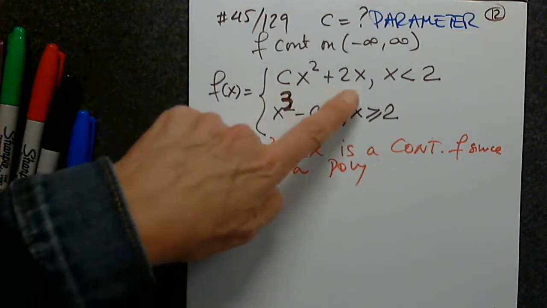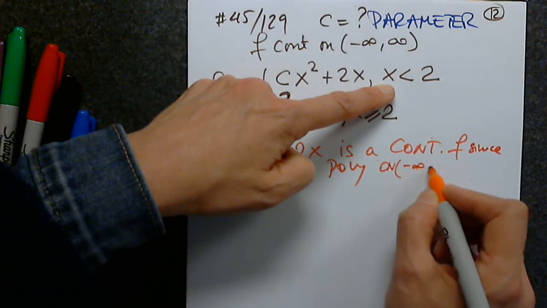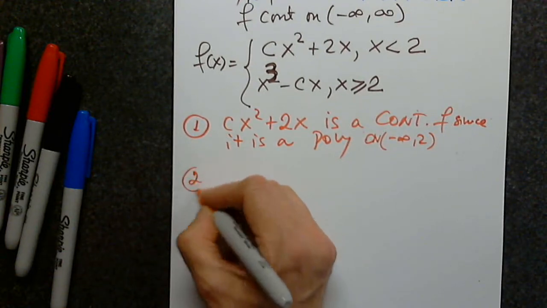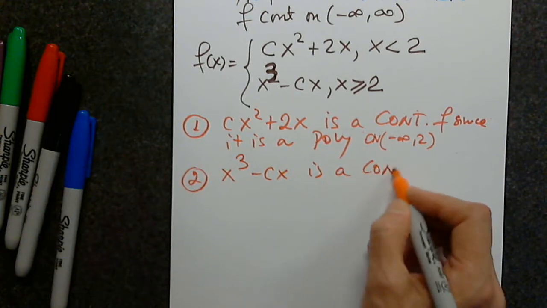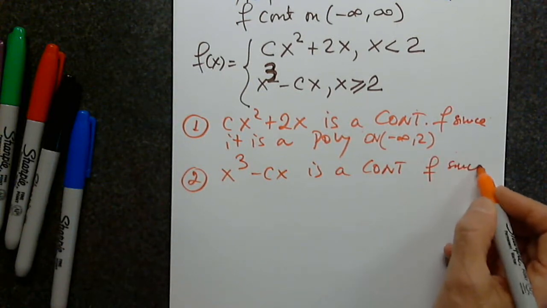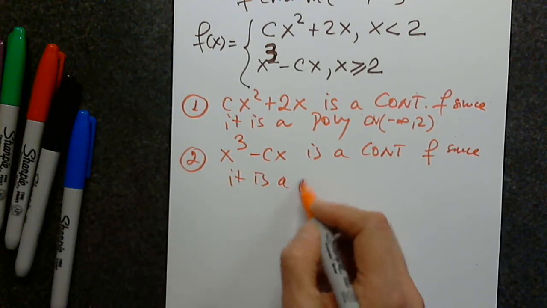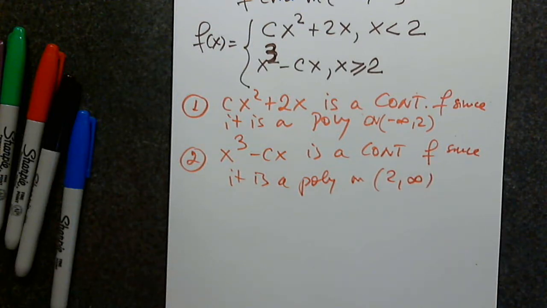And I will say this function on negative infinity to 2. Step number 2, I will say that x cubed minus cx is a continuous function since it is a polynomial on 2 to infinity. Notice that I did not use the equal symbol. I could have, but that's not what I want to do.